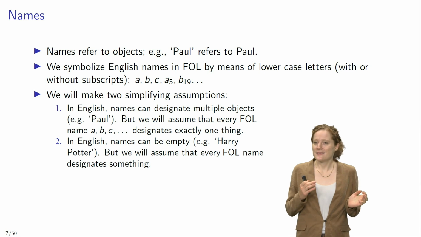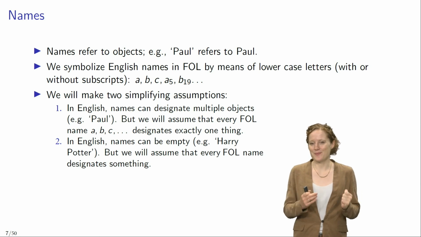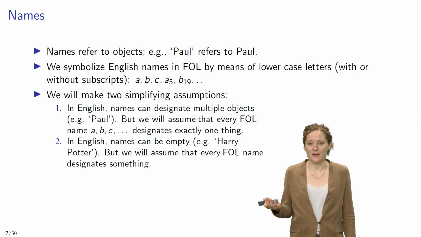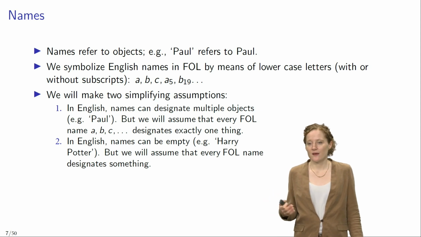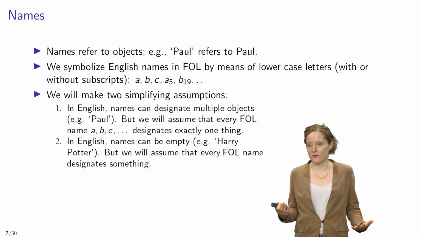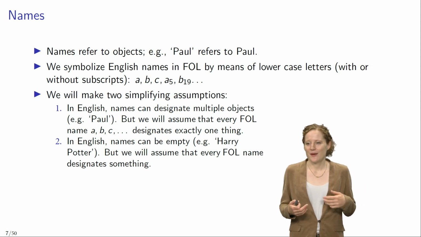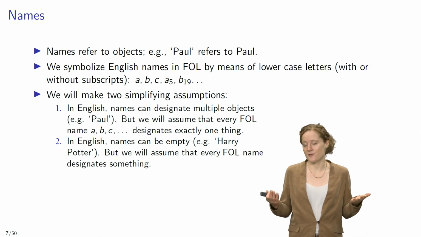Now, the second simplifying assumption concerns empty names. In English, names may not refer to anything. So, for example, Harry Potter doesn't refer to anything at all, or maybe a fictional object. To give a different example, Pegasus doesn't refer to anything at all.